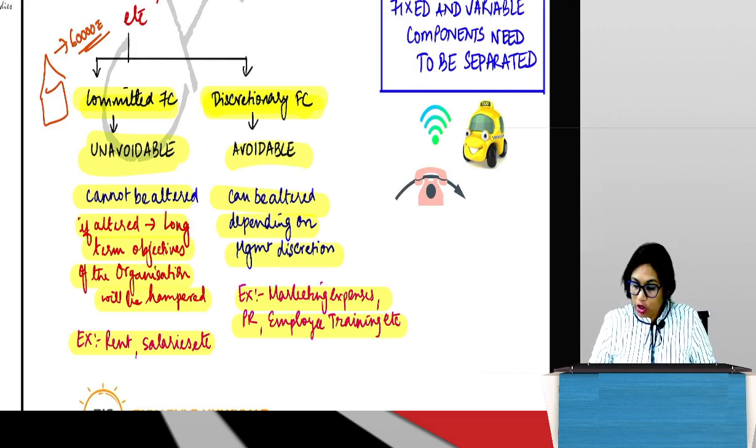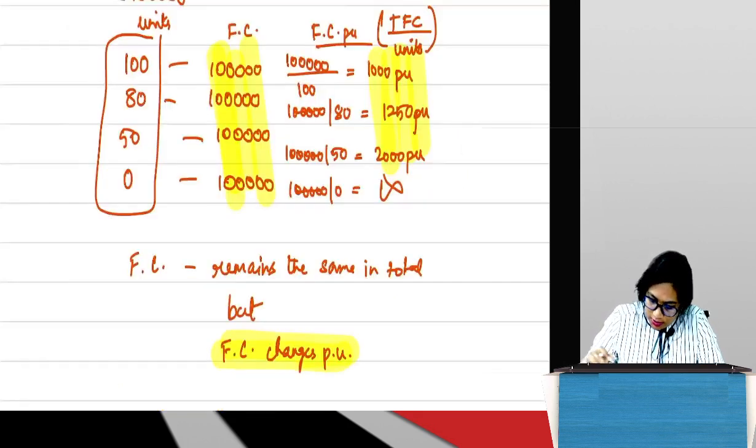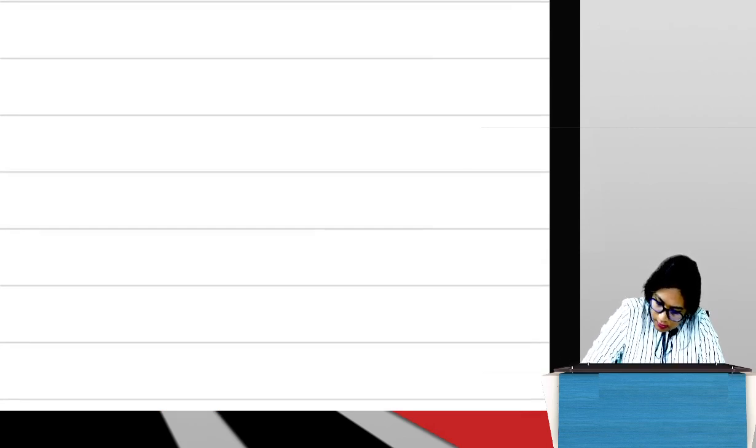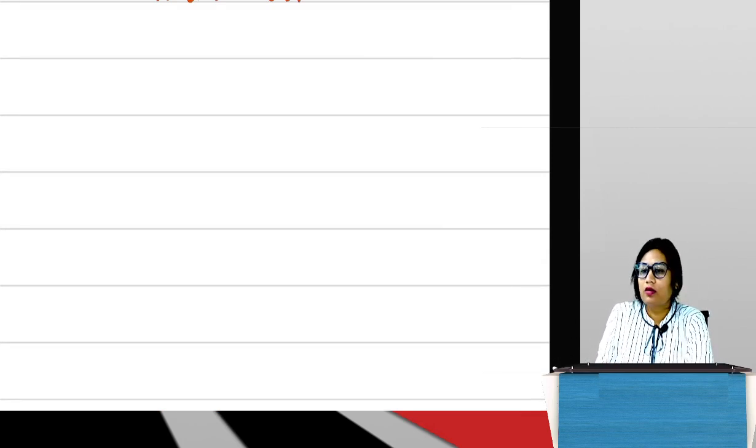Okay guys, so the next cost, so fixed cost is the first cost which we have seen on the basis of behavior, right? Now the second cost is variable cost.